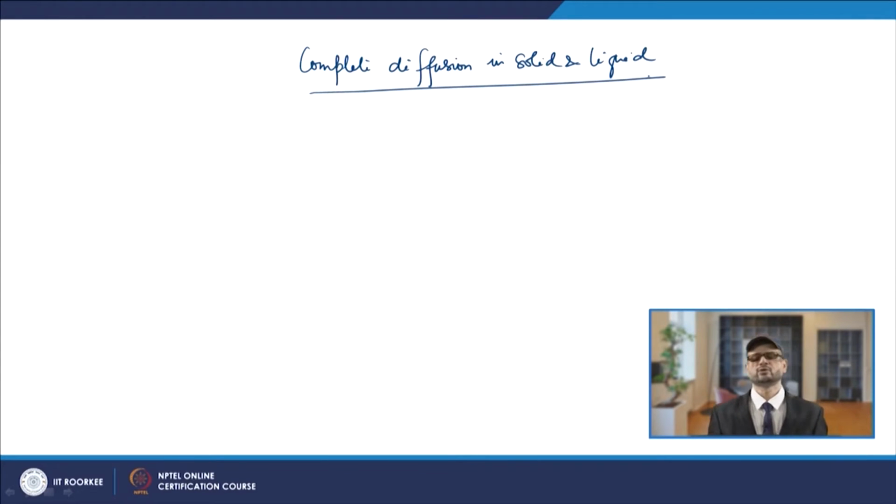We will talk about a case in which there is complete diffusion in solid and liquid. That makes you understand that in these cases you will get solid or liquid of uniform composition.